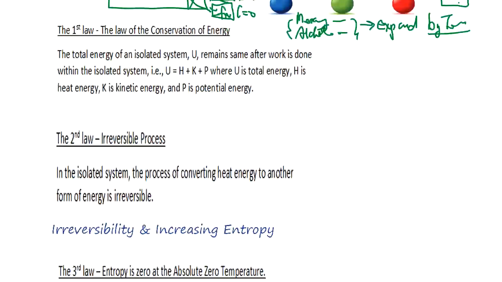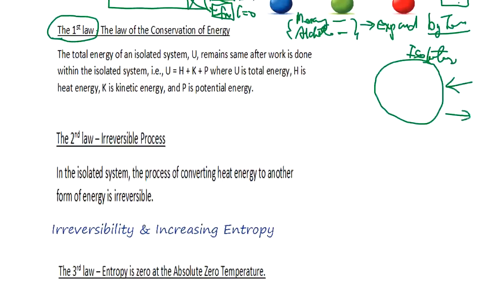And now this is the first law, and this was more important in the beginning when scientists started thinking about this thermodynamics theory. Within an isolated system, what is an isolated system? In thermodynamics, we often use isolated systems. That means there's no energy exchange from outside the world within this boundary.